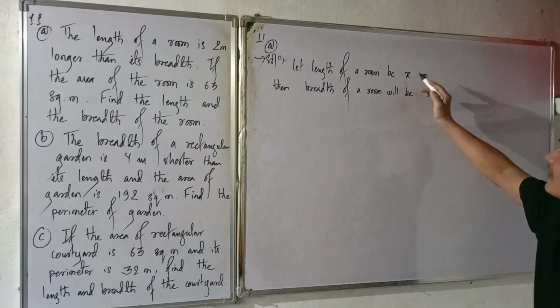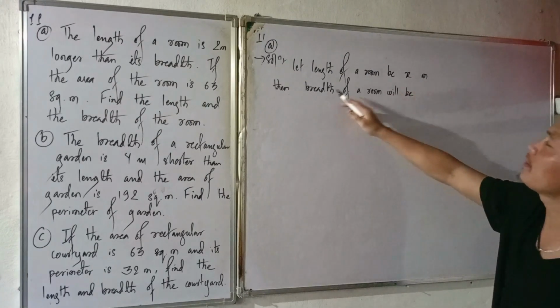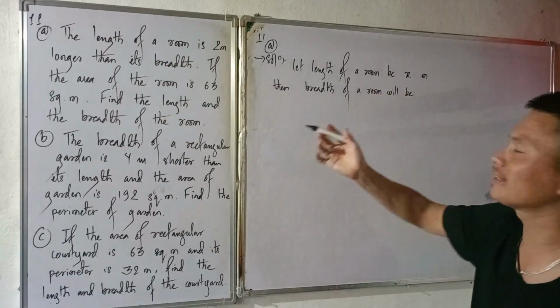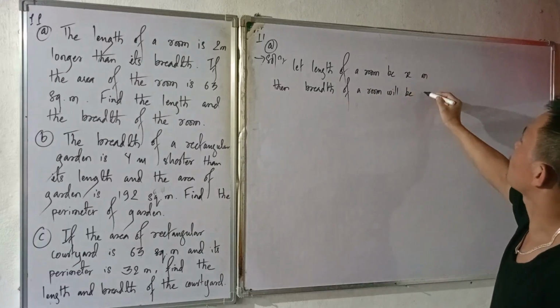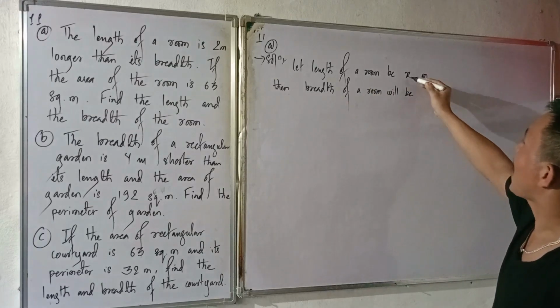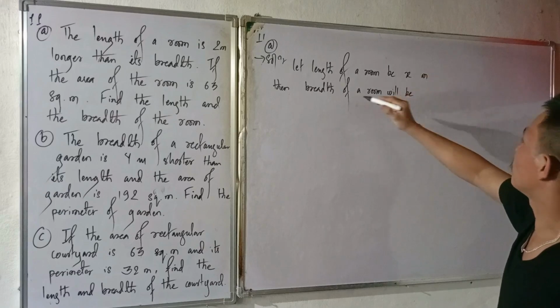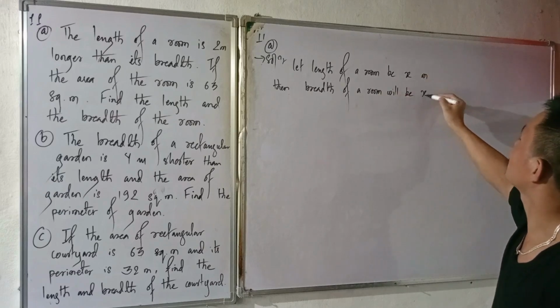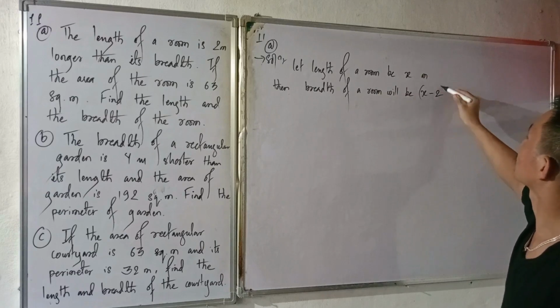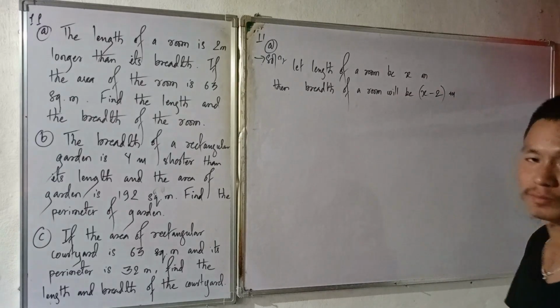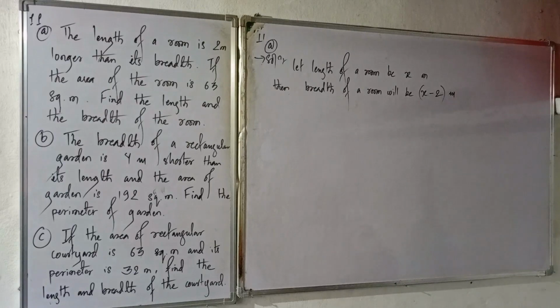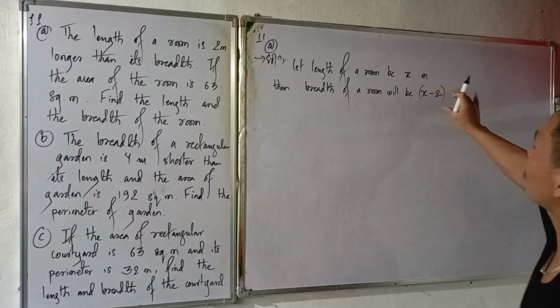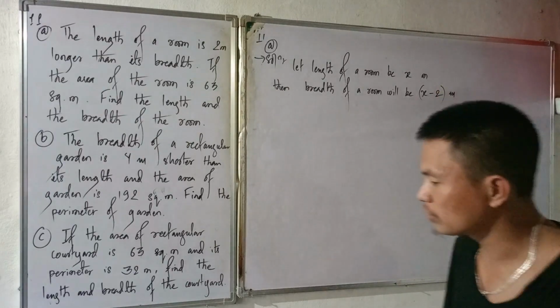The length is 2 meter longer, means the breadth should be 2 meter shorter than the length. You can write here x is the length of room, the breadth should be 2 meters shorter than the length. That means x minus 2 meter.